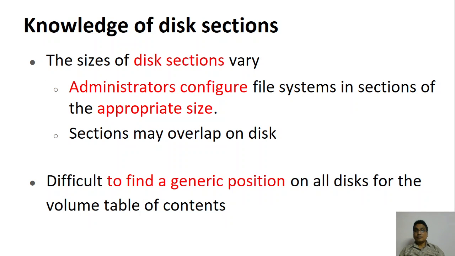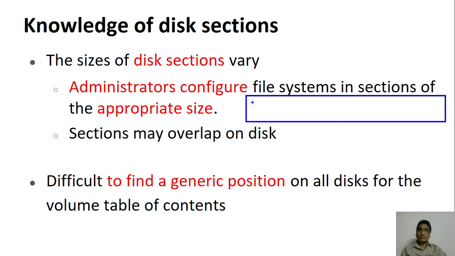Now there is a minor problem with this analogy. If I buy a hard disk, I can partition it. Let's say my first partition is 100 GB, the second partition is 100 GB, and the third partition is 100 GB.